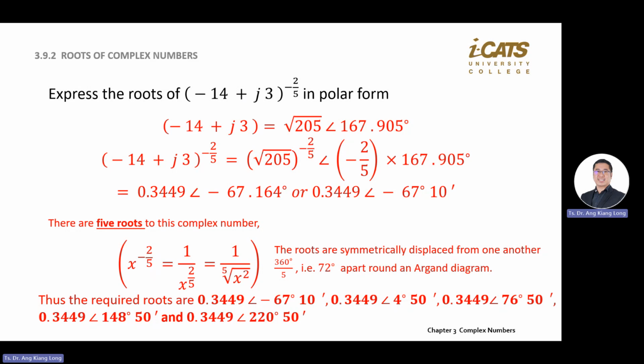The second one is about 4 degrees. It's about here.